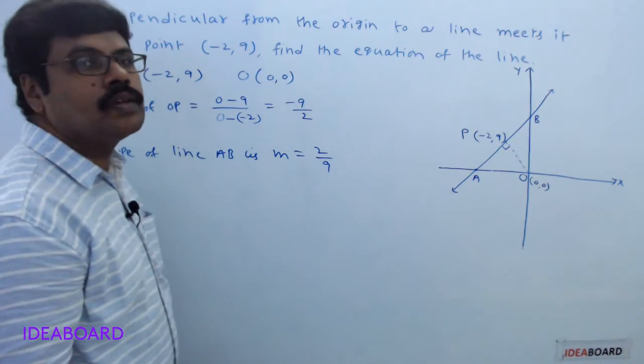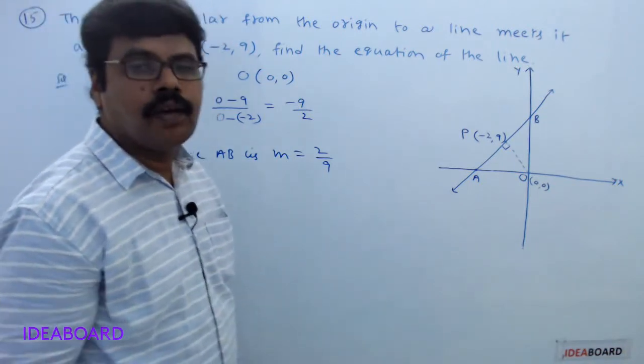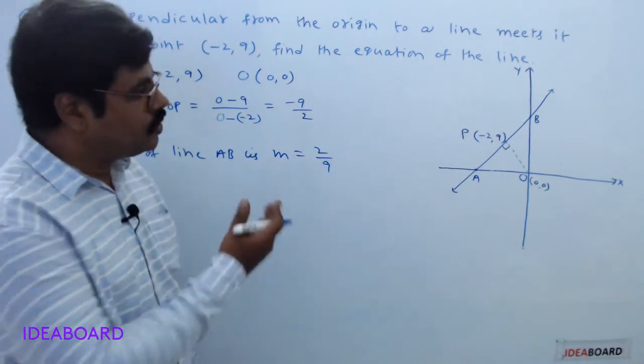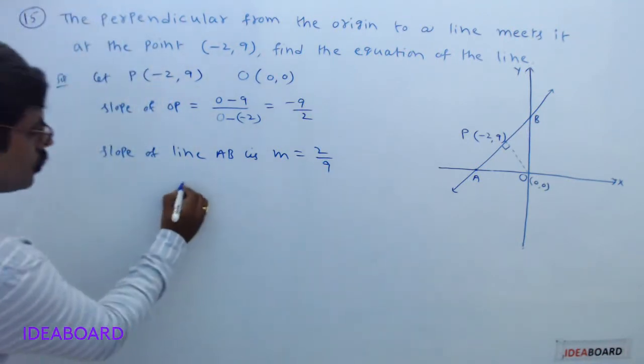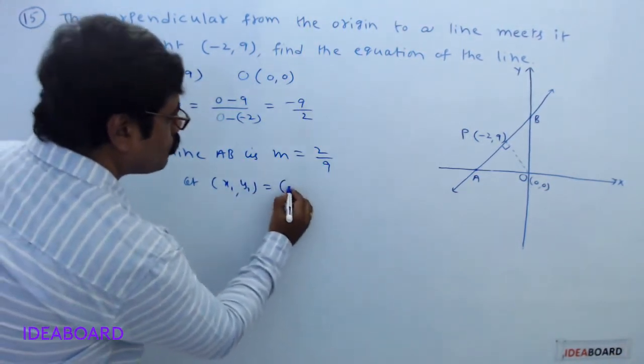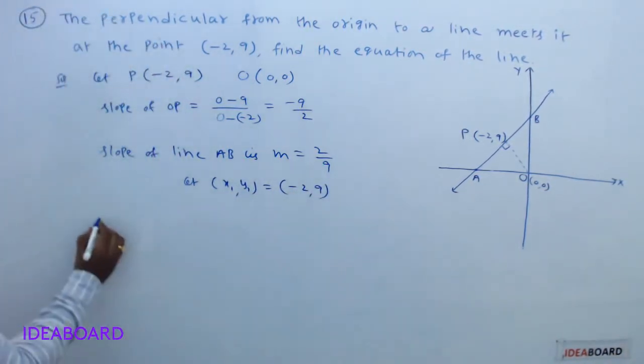So you can apply the slope-point form, that is y minus y1 equals m into x minus x1. Use the formula. Let x1, y1 equal minus 2, 9.